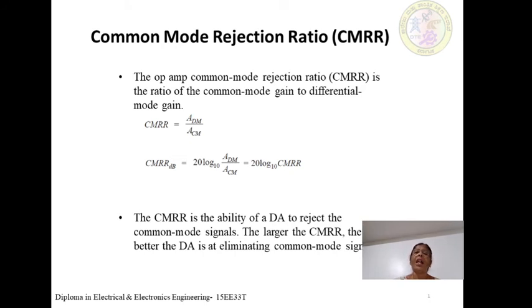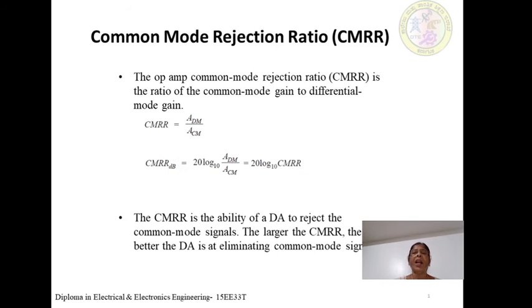The ratio between the differential mode voltage gain and common mode voltage gain is known as the common mode rejection ratio. I'll repeat, the common mode rejection ratio is a ratio of differential mode voltage gain to common mode voltage gain. The gain can also be defined for current gain and power gain.